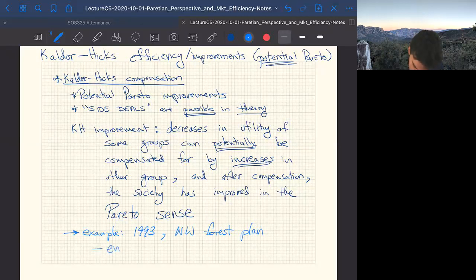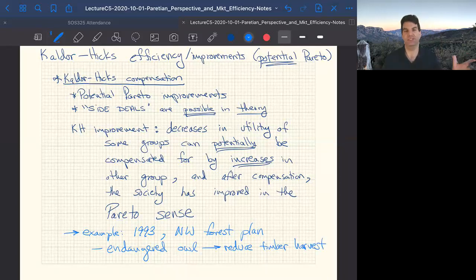So we had here an endangered owl, and we need to reduce timber harvest. People need to stop cutting down trees. And so they protect a bunch of timber harvest.